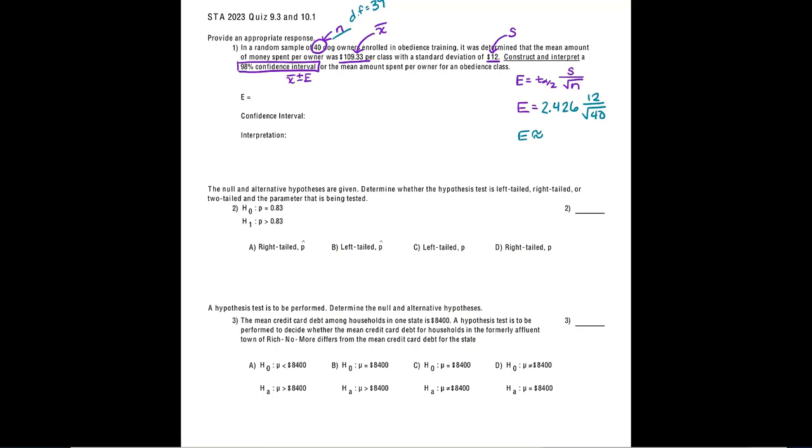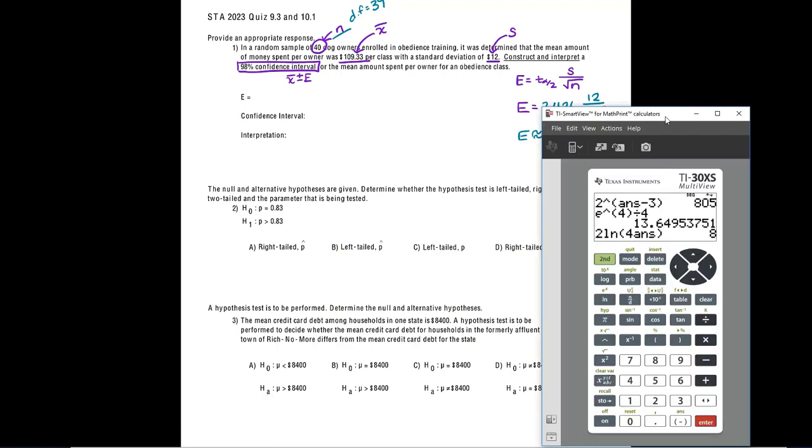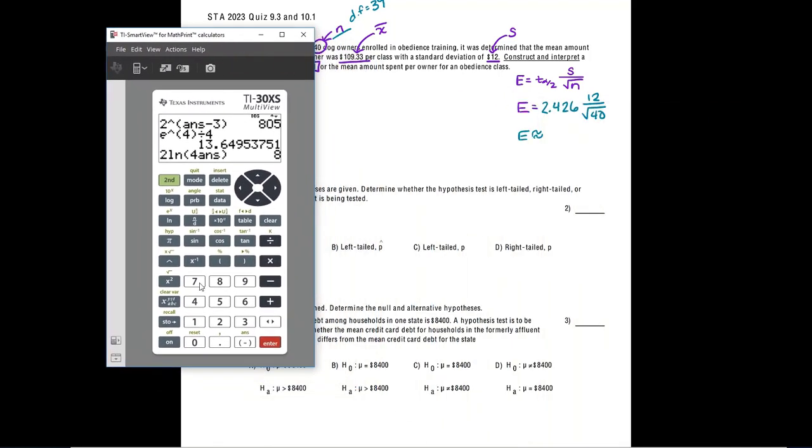pull up my calculator, 2.426 times 12 divided by the square root of 40.